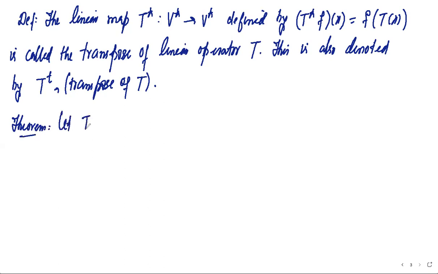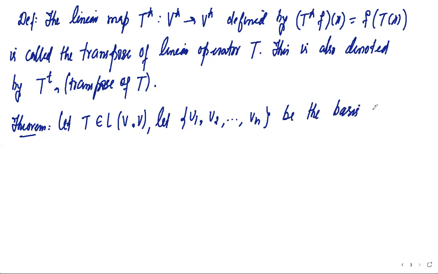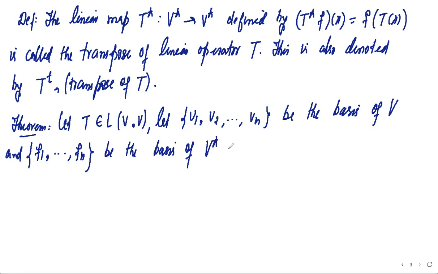Let T be a linear operator on V, and let v1, v2, ..., vn be a basis of V, and f1, f2, ..., fn be the basis of V star dual to the basis v1, v2, ..., vn.